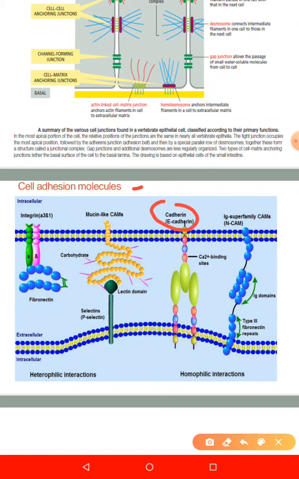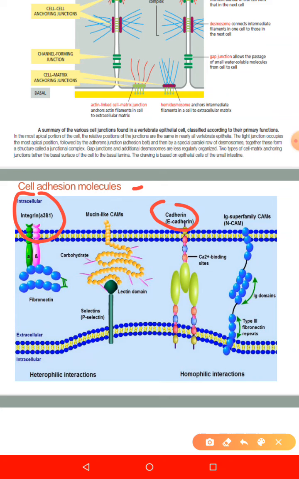Cadherins form the molecular links between neighboring cells. These cadherins form adherens junctions and desmosomes. We also have integrins. Integrins form the focal adhesions and the hemidesmosomes.